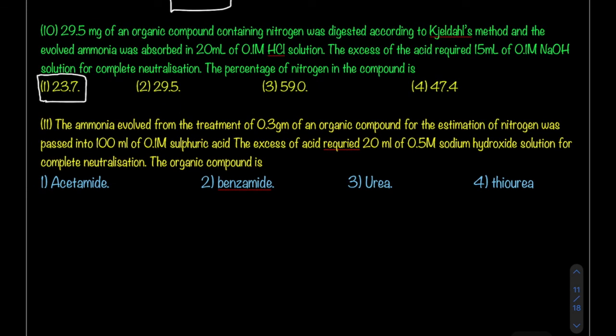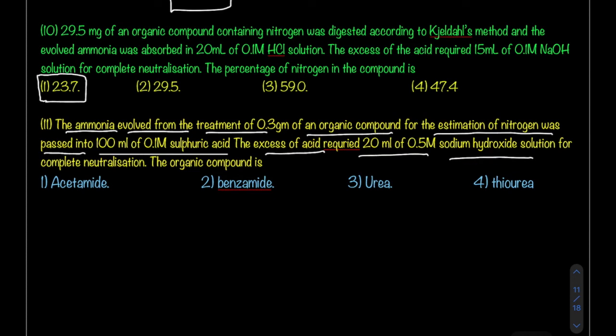Question number 11 goes like this: ammonia evolved in the treatment of 0.3 grams of organic compound for the estimation of nitrogen was passed into 100 ml of 0.1 molar sulfuric acid. The excess of acid will require 20 ml of 0.5 molar sodium hydroxide.